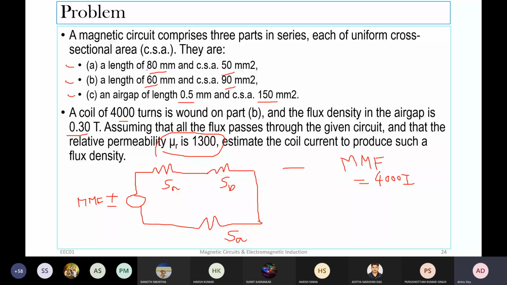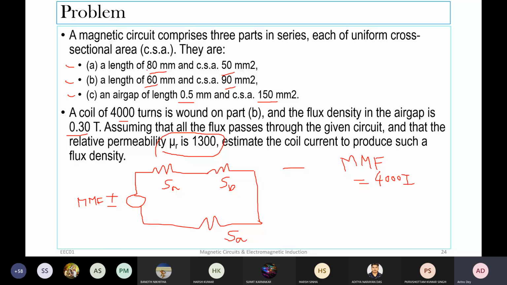And this is your length, so we put 0.5 millimeter into 10 to the power minus 3, and this is your phi, which is the same, analogous to I. So this is actually I into R1, I into R2, I into R3. Same way, phi into S1, phi into S2, phi into SC.